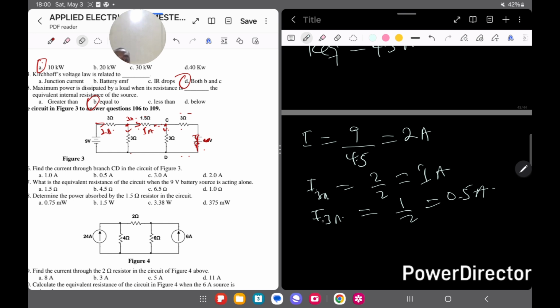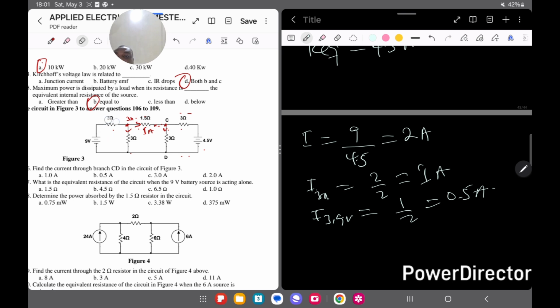So this will be the current passing through the 3 ohms due to what? 9 volts that was acting alone. Let me put the 9 volts here that is acting alone. Now we have to find I3 when 4.5 volts is acting alone.